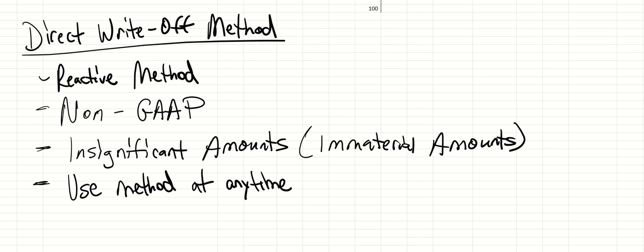That's per GAAP. So the direct write-off method goes against it, because you can use this method in the same period, but you also can use it at any other period or at any other time, which goes against GAAP. Because if you record an expense that went with this revenue recorded in January in March, then you're recording this in two different periods.